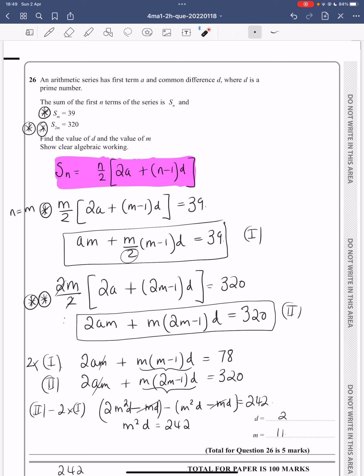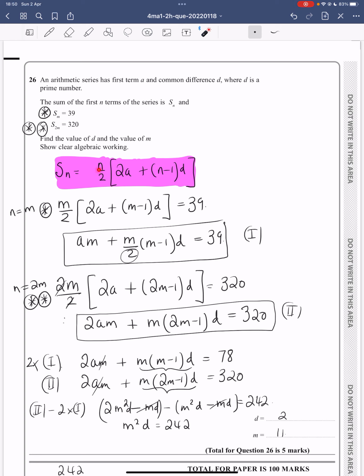I've simplified this now. Multiply out by m over 2, so that's am. And then it's m over 2, (m minus 1)d. Multiply out the brackets, equals 39. Call that equation 1. Then double star. In that one, you let n equal 2m.